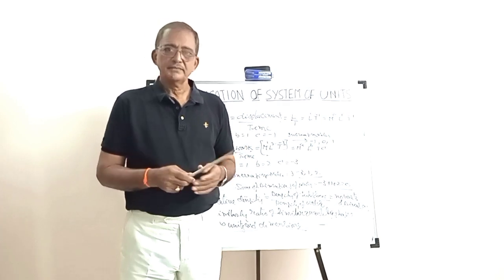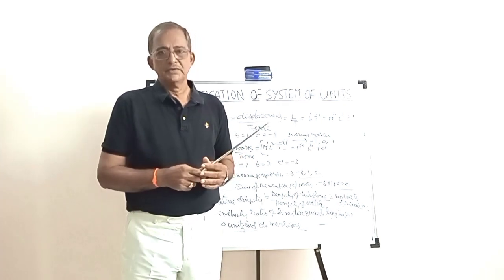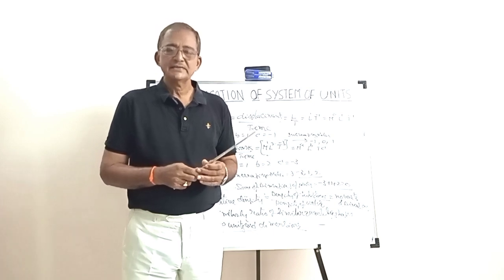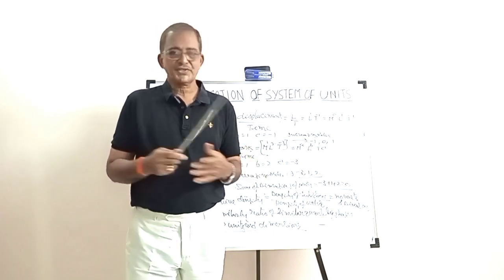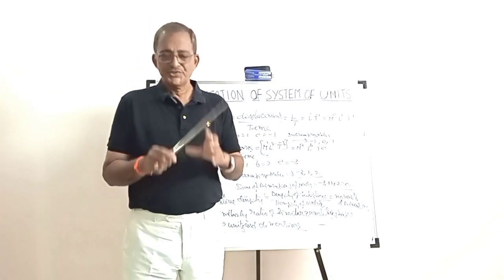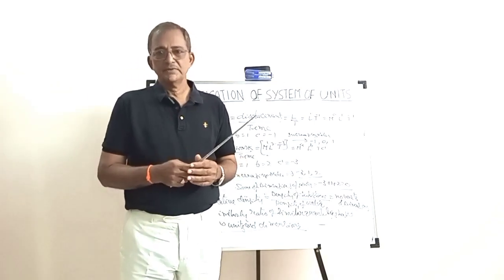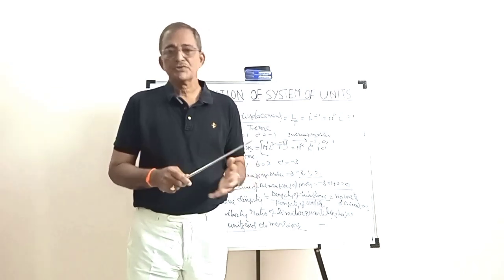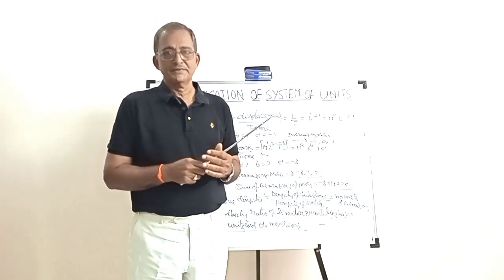In my previous short video, I put a question for you. Is length a vector or scalar? Length is a general quantity. It may be used for distance and also used for displacement.